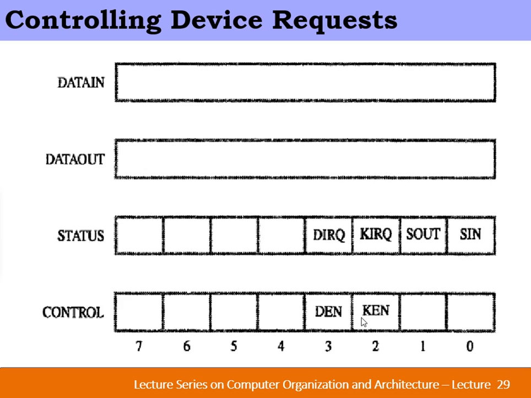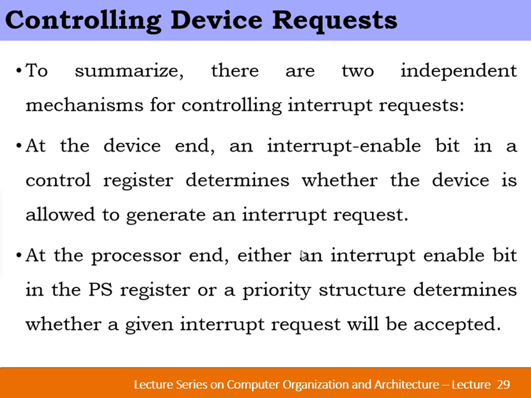Why? Because for the current program we are not interested in those IO devices, so there is no need for them to generate an interrupt request. Hence we have control at the device end over the IO devices.